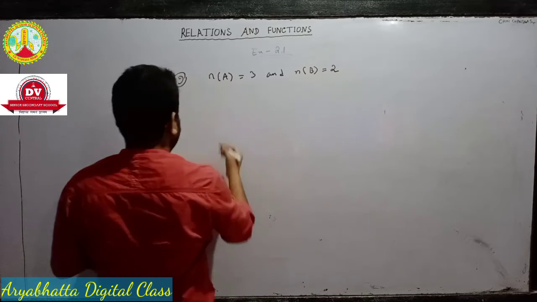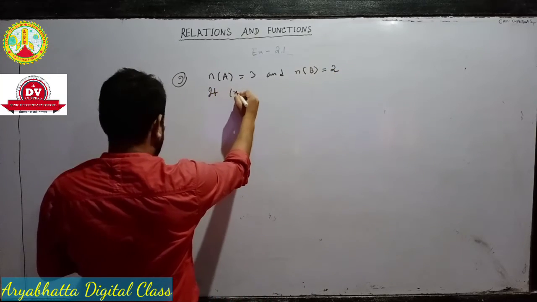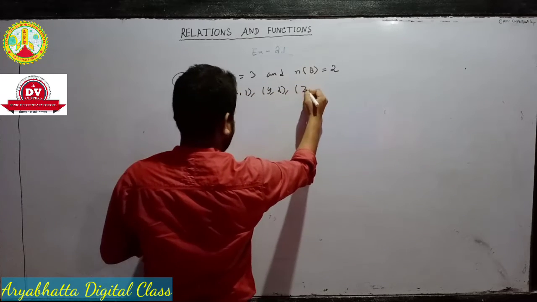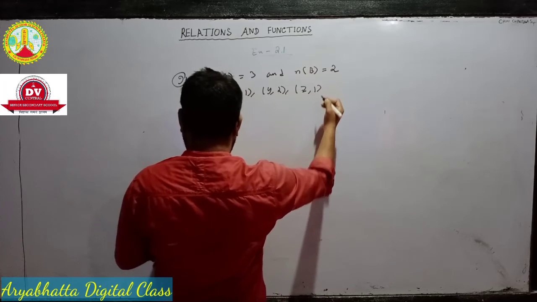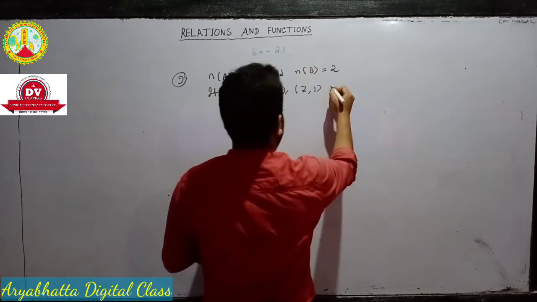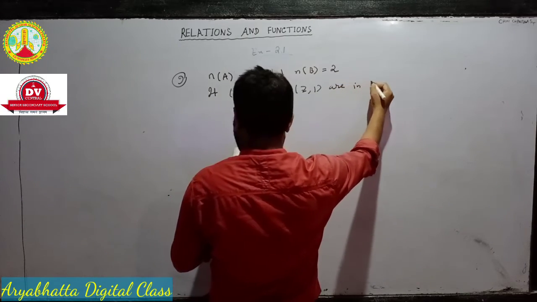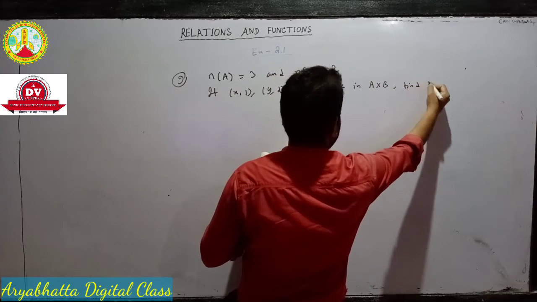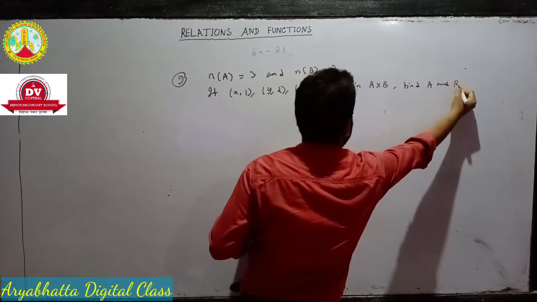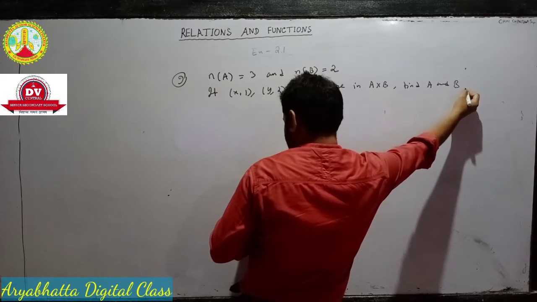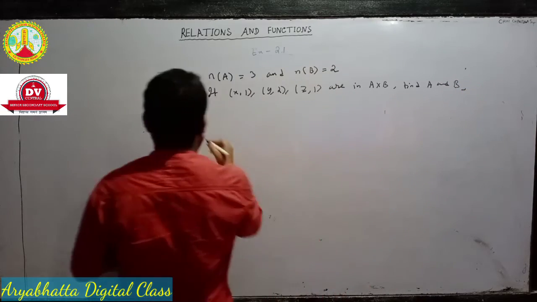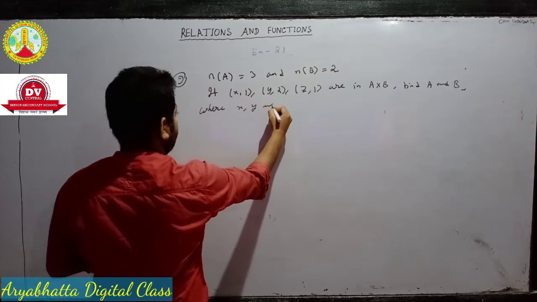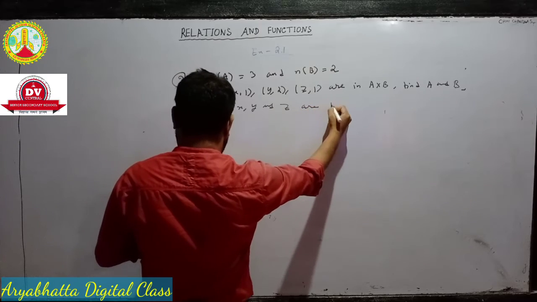If (x, 1), (y, 2), (z, 1) are in A × B, find A and B, where x, y and z are distinct elements.